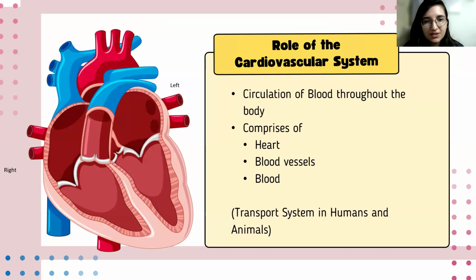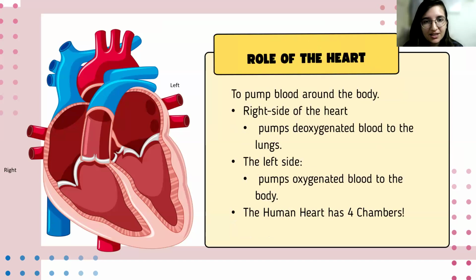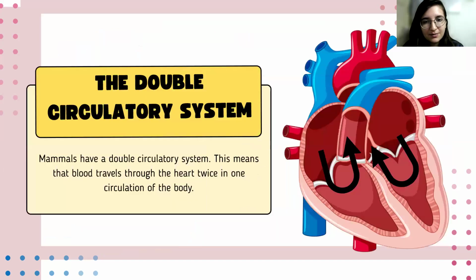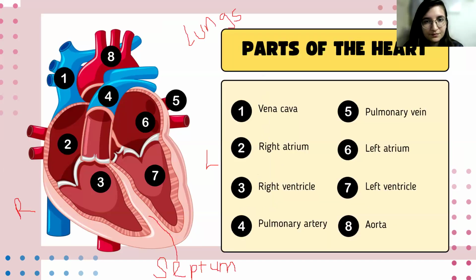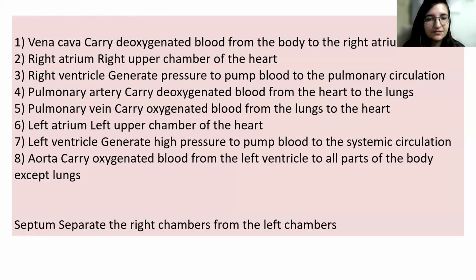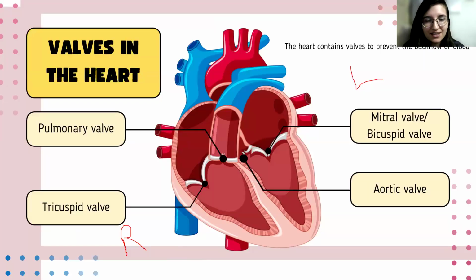Yeah, so we studied the cardiovascular system, the heart, blood vessels, blood. We studied the role of the heart, the double circulatory system, parts of the heart with its functions, the pulse in the heart.